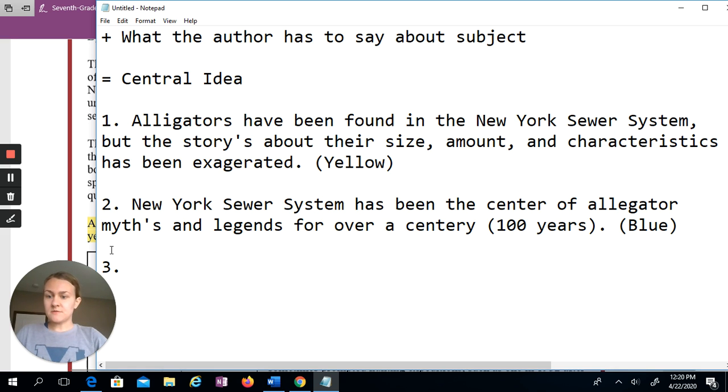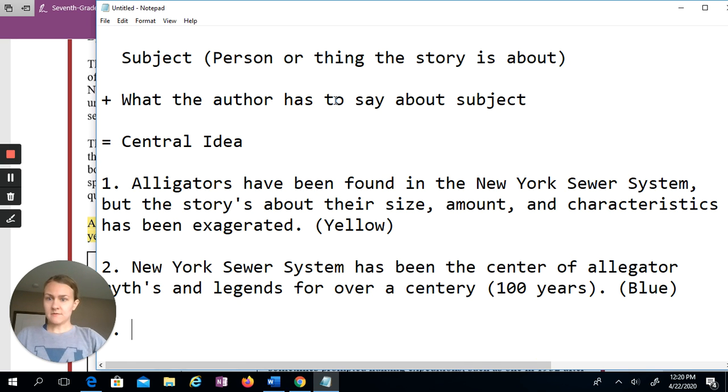Then I want you to find or write one last central idea on your own. So first start with the subject. Figure out a person or thing the story is about, and then tell me what the author has to say about that person or thing, just like we did up here.